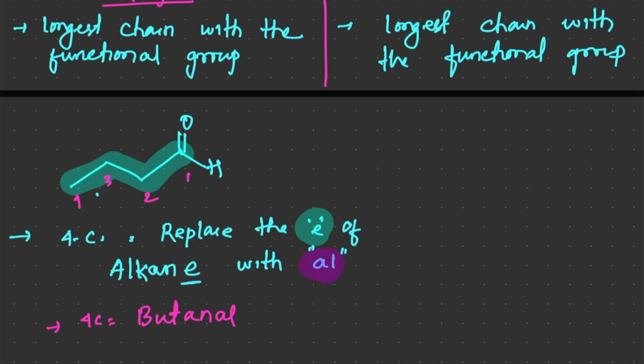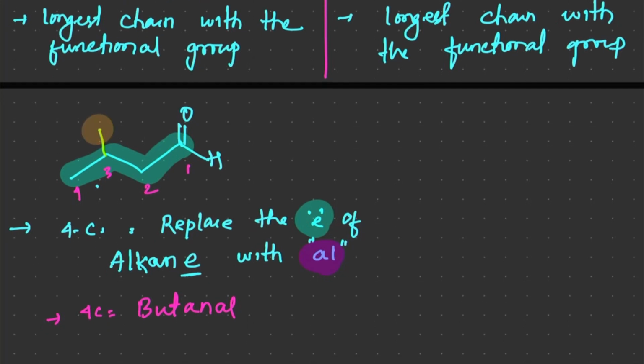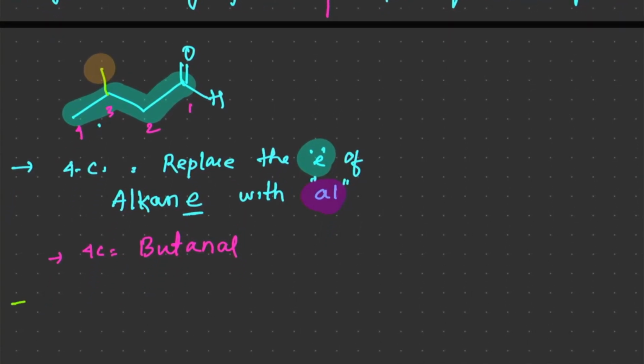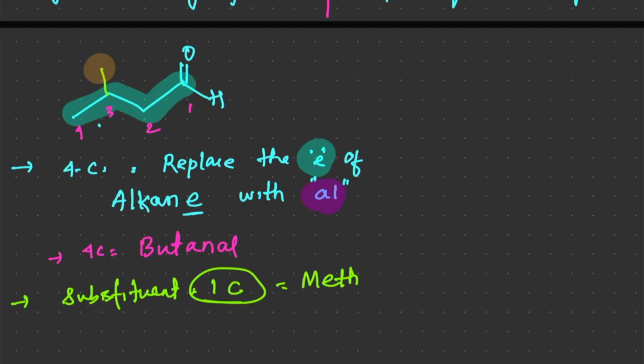What if we have a substituent? Then you add the substituent. So let's say we've got a substituent right there. Then you follow the substituent naming accordingly. The substituent in this case is 1 carbon atom, so that's going to be methyl. Remember how we name substituents? You write the number of carbon atoms, methane, and then you replace the E with YL: methyl, 1 carbon atom.